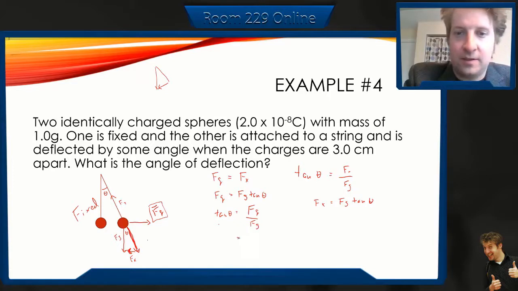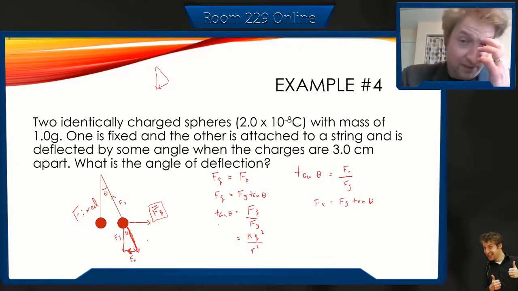So we end up with K times the charges, let's just call them Q, they're identical, Q squared divided by the distance between them, R squared.